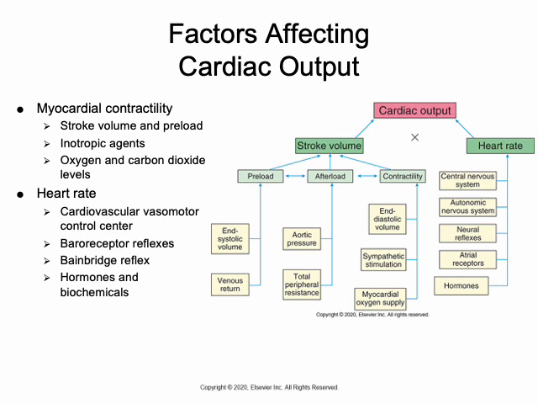The net result will be dilation of the resistance arteries. This will decrease myocardial contractility and the heart rate. The overall role of baroreceptors in influencing blood pressure is going to be discussed in a later slide.